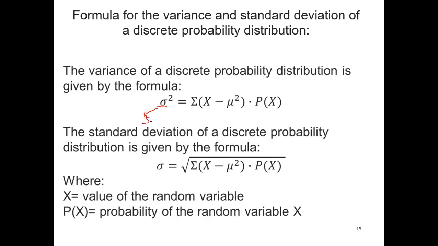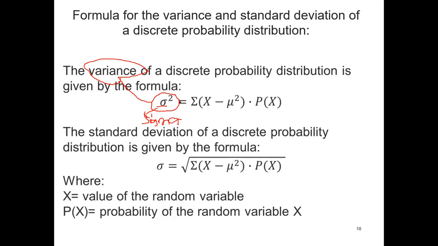Pagbasa na niya is sigma squared. Once kani sigma squared na siya, it means that is the variance. Kung gi-square gani si sigma, mao na si variance.